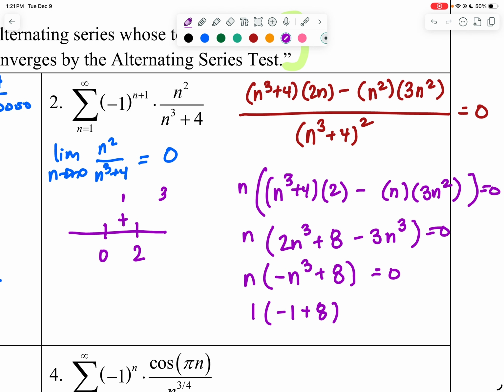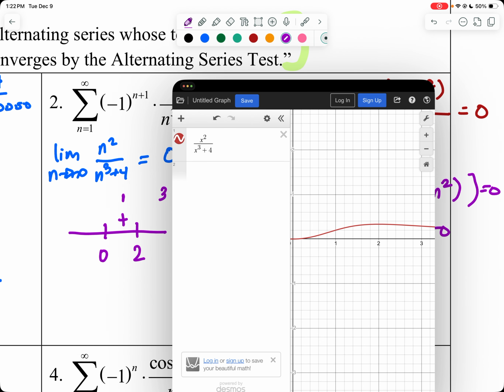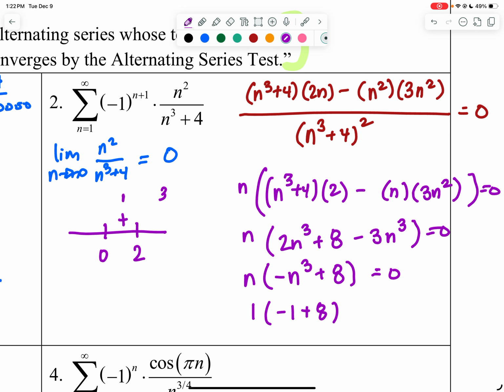So that kind of makes sense from our graph right here, that from 0 to 1, it's increasing. And then if I plug in something like 3, I'm going to have 3, and then negative 3 cubed plus 8. That's just going to be negative. So you can see that my terms are decreasing for x is greater than 2. So terms are decreasing.